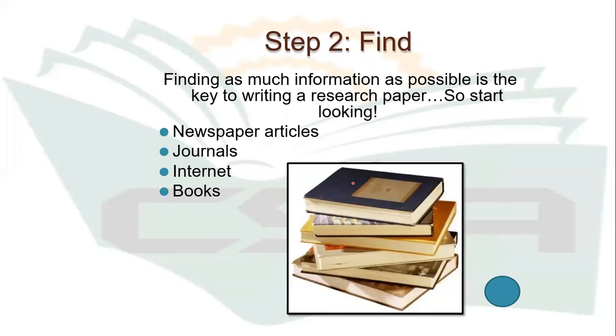You can also get your information from newspaper articles, journals, the internet, or different types of books. You can get this information from any senior, classmate, fellow, supervisor, or any other teacher. These are some sources from which you can get information about your topic.